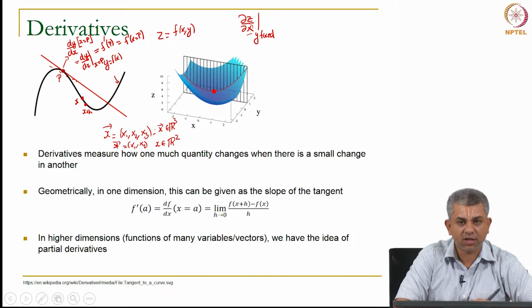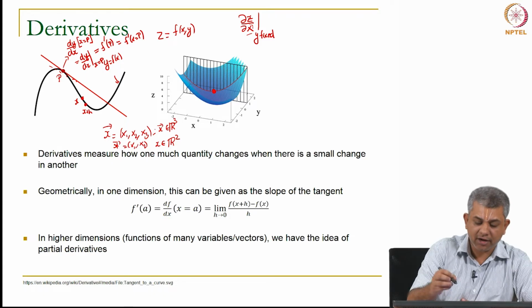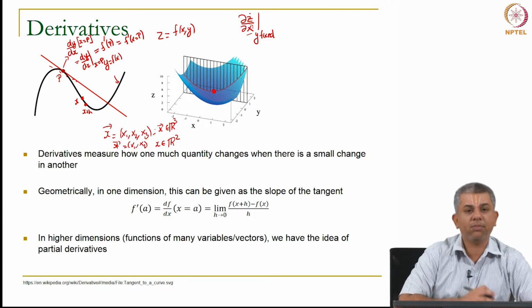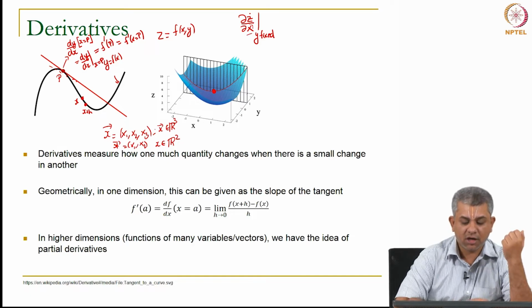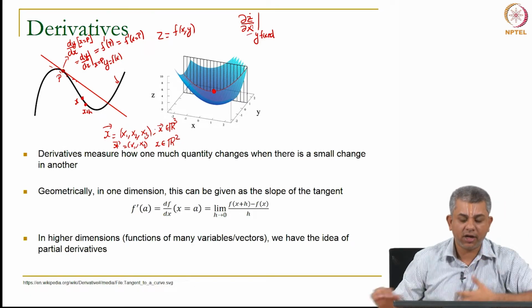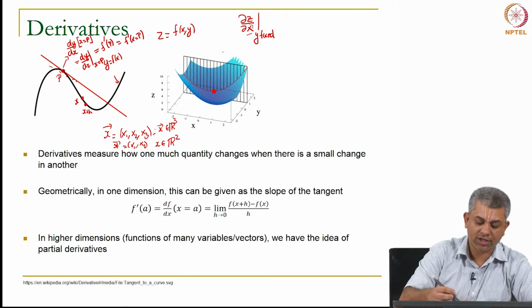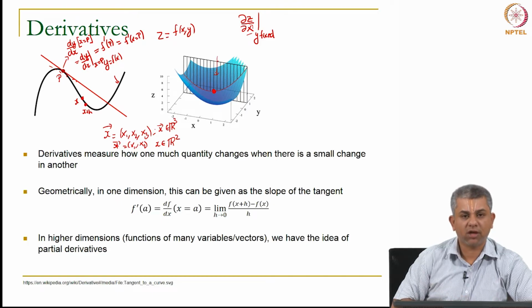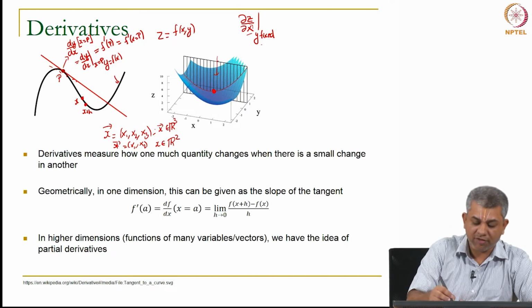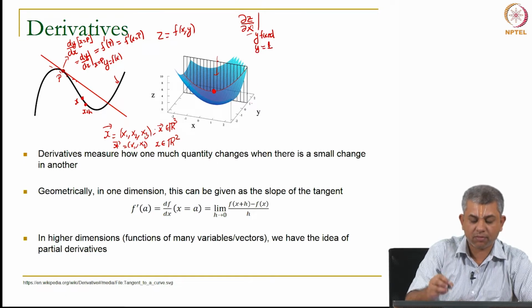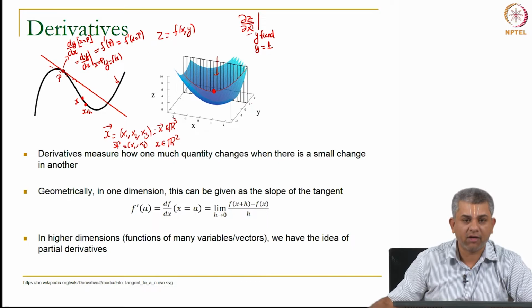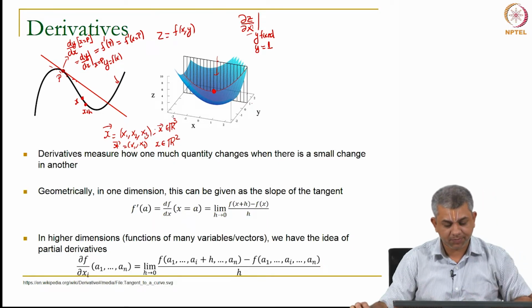You would have seen some such things in thermodynamics perhaps, but if you change x and keep y fixed, you might want to know how much does z change. Now, the way to see that geometrically is to, let us say you draw a cross section, something of this sort. Okay. Let us say y fixed at y equal to, in this case, 1, and you can try and find out what this derivative is.